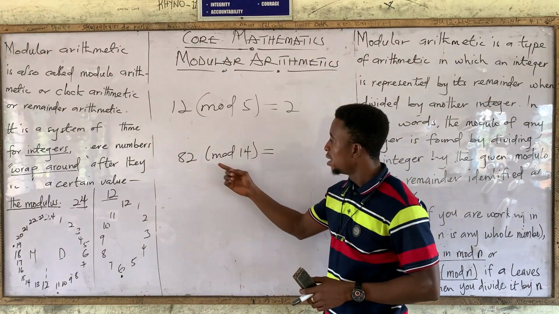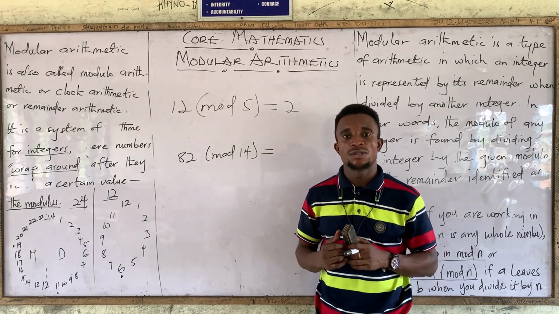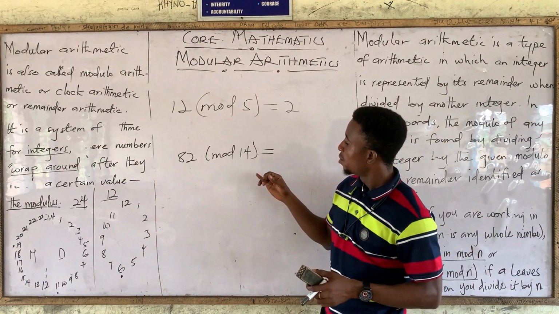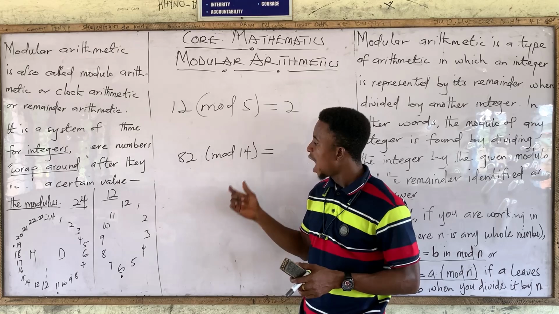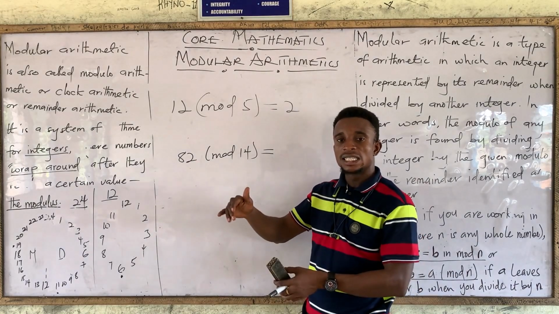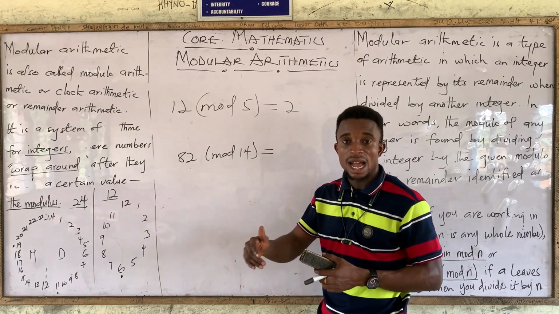Meaning a certain number comes to 14, then it wraps around. So that is the modulo. Are we getting that? So here we are going to ask ourselves, how many 14s are in 82? And after getting that number of 14s, what is left? What is left is what we are interested in. That is the remainder.